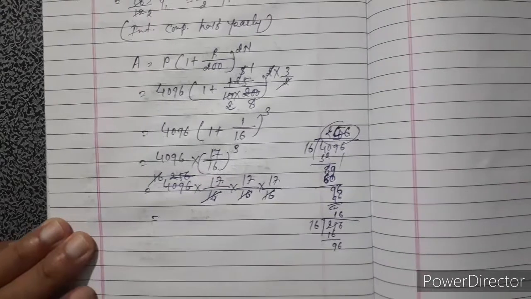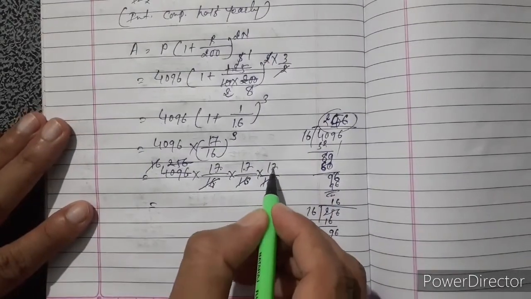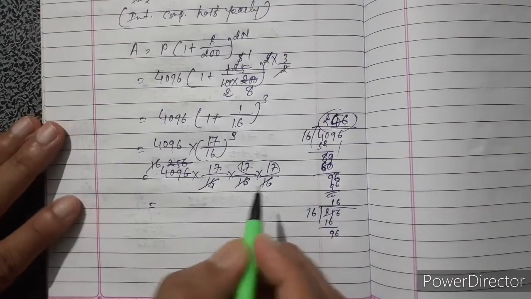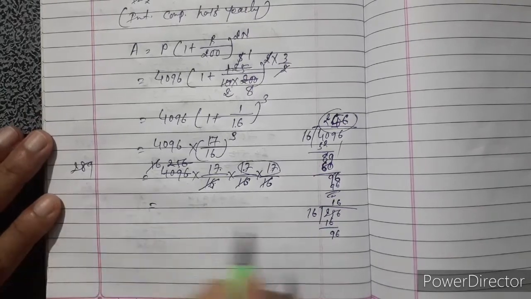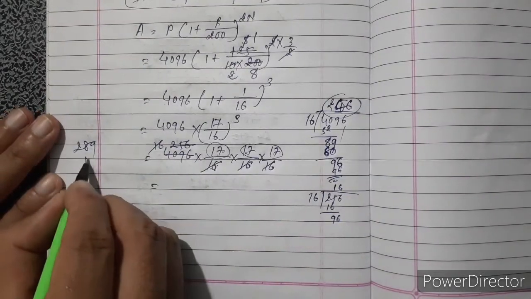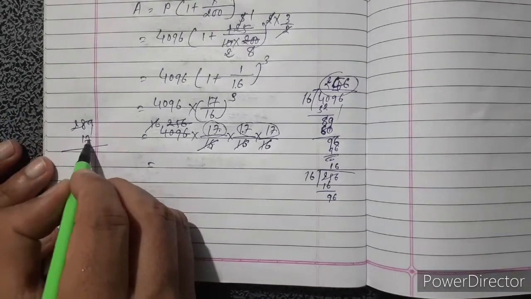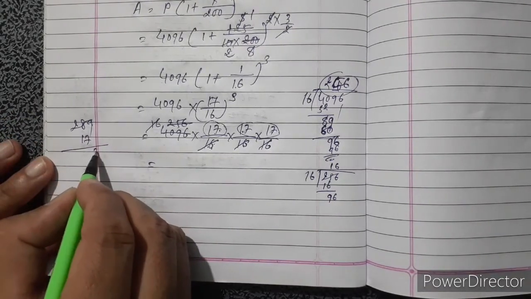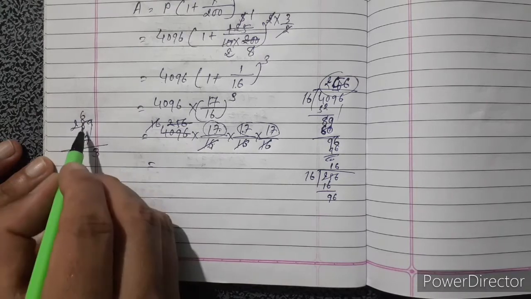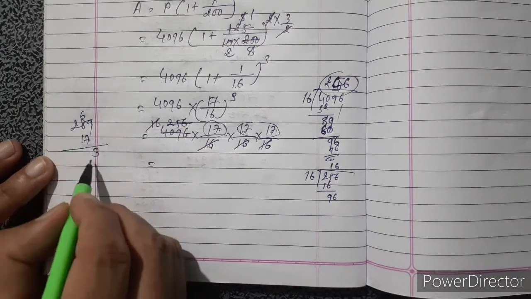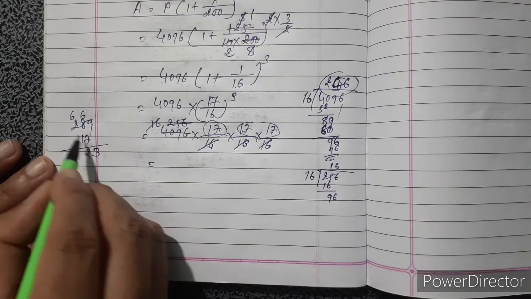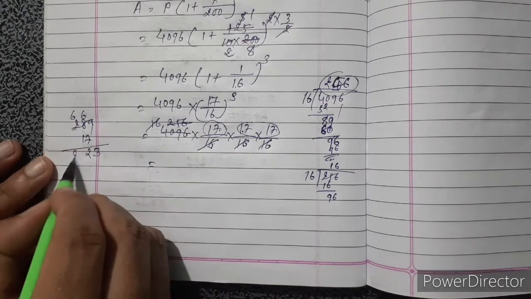Multiply them. So 17 into 17 first, 17 square, that is 289, into 17. Okay, now let me solve. 9 sevens are 63, 3 here 6 carry, 8 7s are 56 and 6 is 62, and here 6, 7 2s is 14 and 6 is 20.